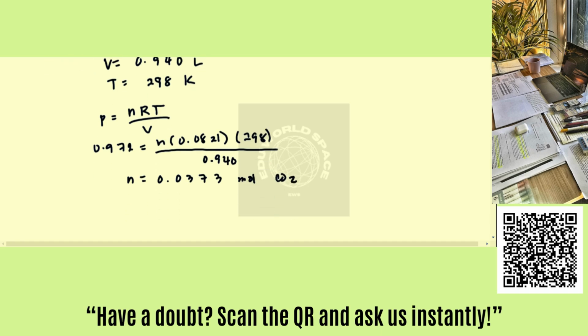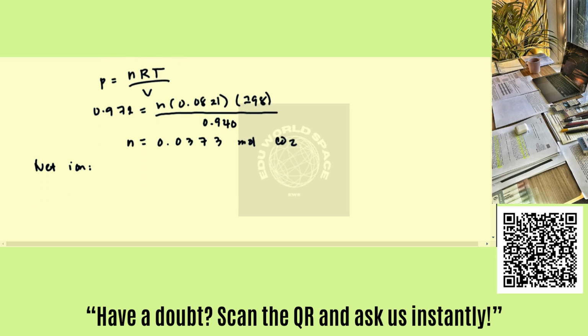Now this gas, carbon dioxide, is derived when sodium bicarbonate and carbonate react with nitric acid according to the balanced net ionic equations. The reaction of nitric acid with sodium carbonate yields carbon dioxide and water.